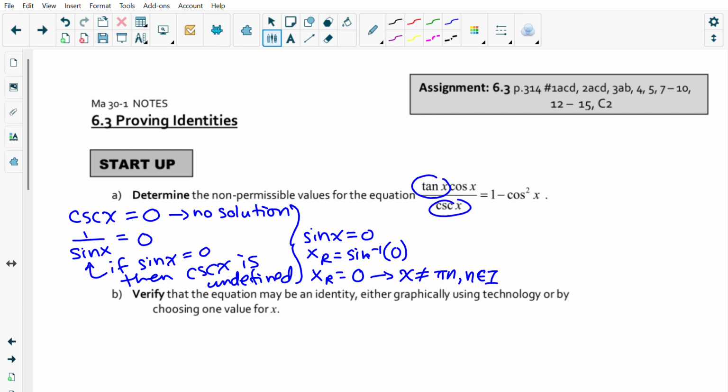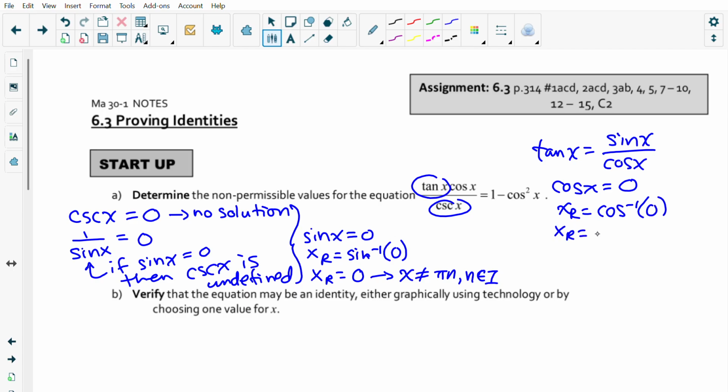Okay, let's look at tangent of x. Remember, tangent of x equals sine of x divided by cosine of x. So I cannot have cosine of x equal to 0. Okay, where's cosine of x equal to 0? That is pi over 2, or 3 pi over 2.